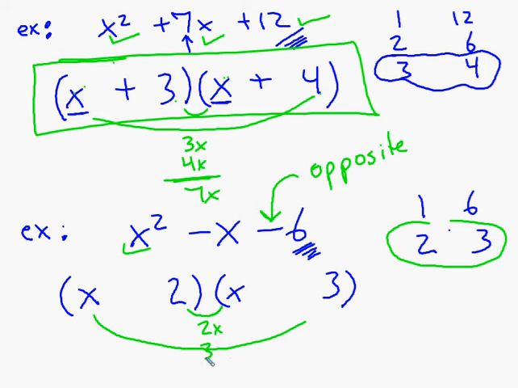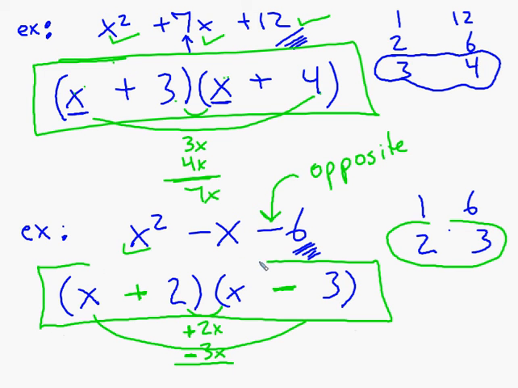I get 3x. I need to get a minus x. So which one of these needs to be negative to give me a negative x right there? The 3, right? And the 2 is going to be positive. So, positive, negative. Do you understand how I got that? Yes. I did. Okay, and that's our answer.